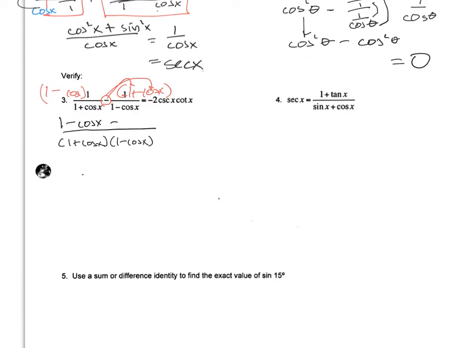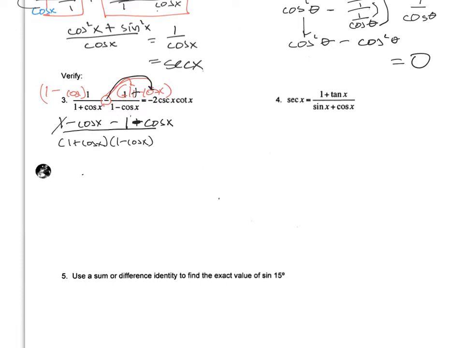Negative times 1 is a negative 1, and negative times a negative cosine is plus cosine x. Oh, sorry, this was a plus. This is a minus. Sorry, I couldn't see it. I was like, wait a minute, something's happening. So that was always a plus, and we just multiply by a minus.